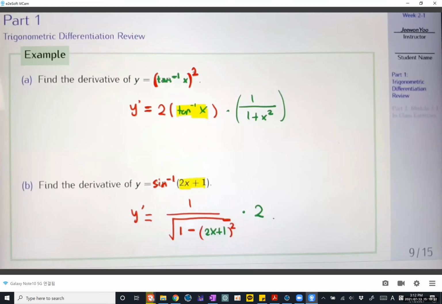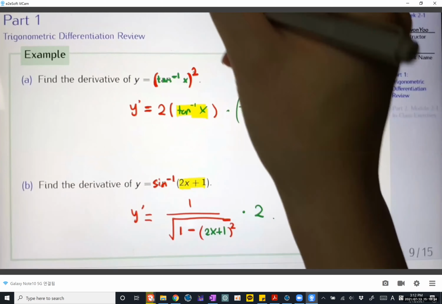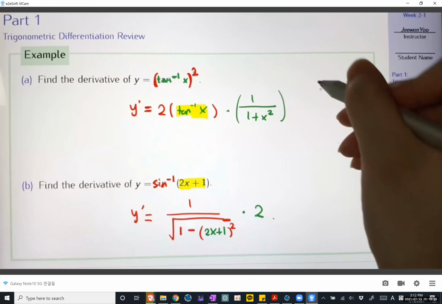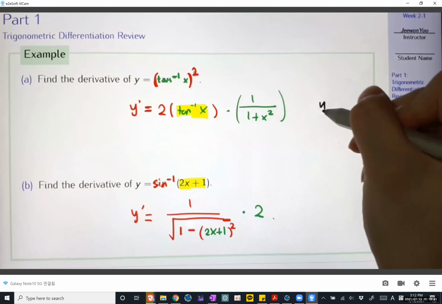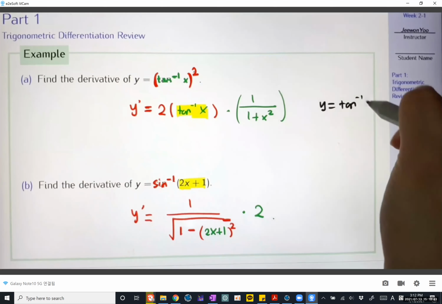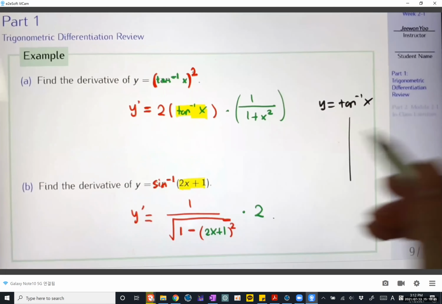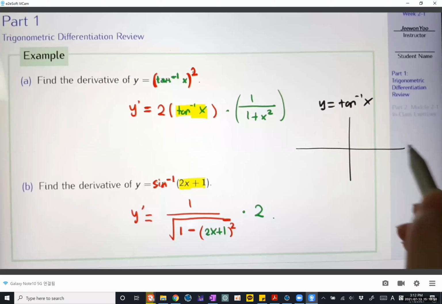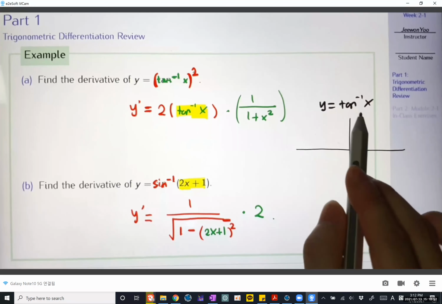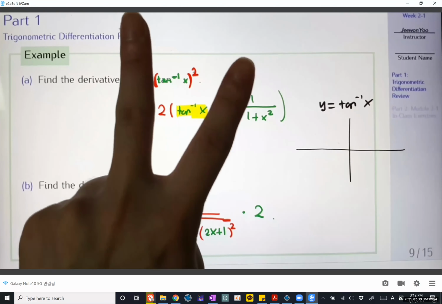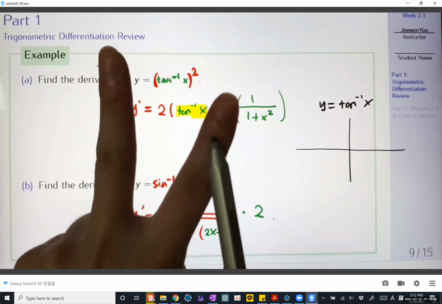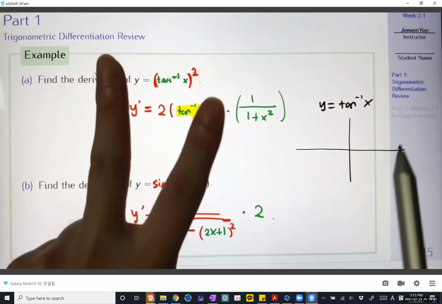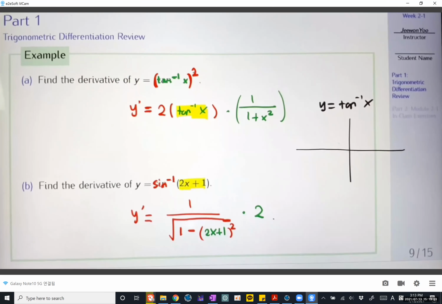For our future content in integral calculus, I want you to remember something. The graph of y equals inverse tangent x looks like this, everyone. The inverse tangent x graph has two asymptotes. Does anyone remember where the asymptotes happen? The horizontal asymptotes happen for inverse tangent x. There are two asymptotes.